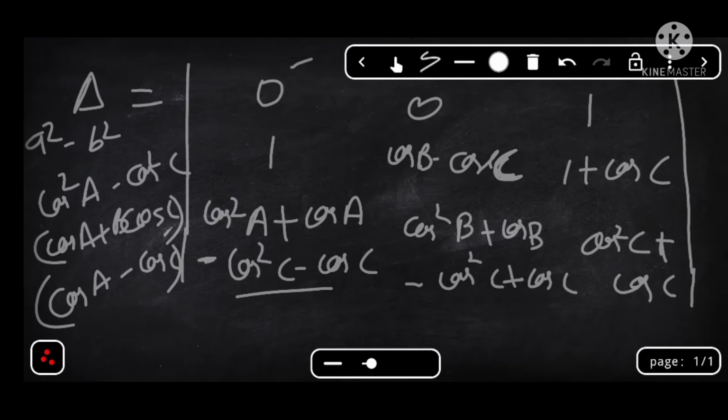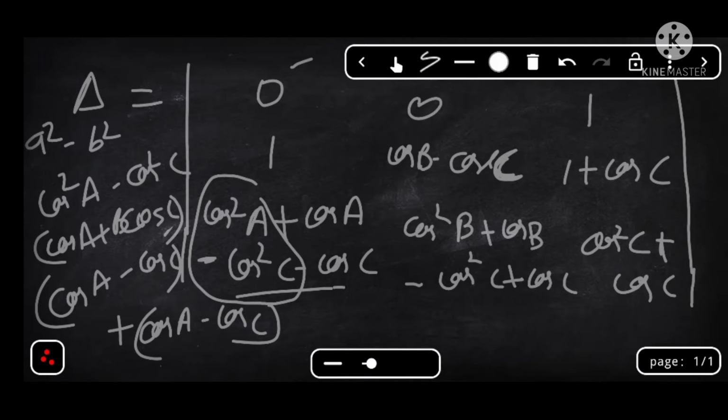Now we have another term, plus we have a cos A minus cos C, right? So we just expanded these and remaining we have these two terms as well. From these terms we can take cos A minus cos C as common.